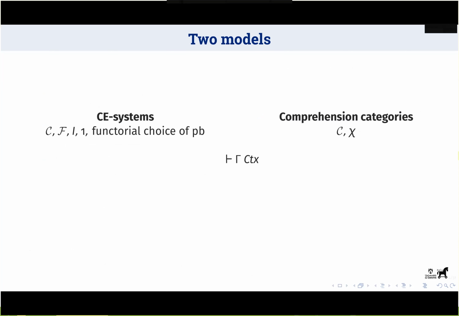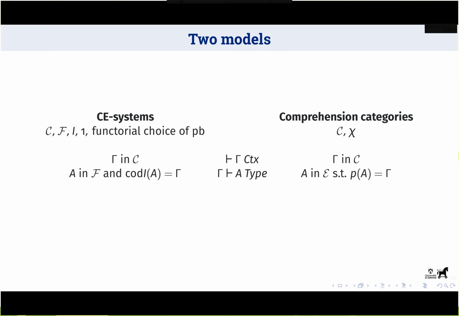We do that by considering context objects in the base category that we have, C. Then we model the judgment that A is a type in context gamma by saying, on one hand, that A is a morphism in F, such that if we take its image through I, and then collect the codomain, we obtain gamma. And on the other side, it's maybe easier.